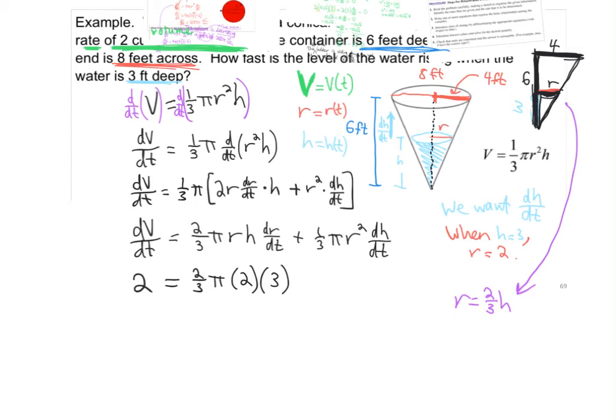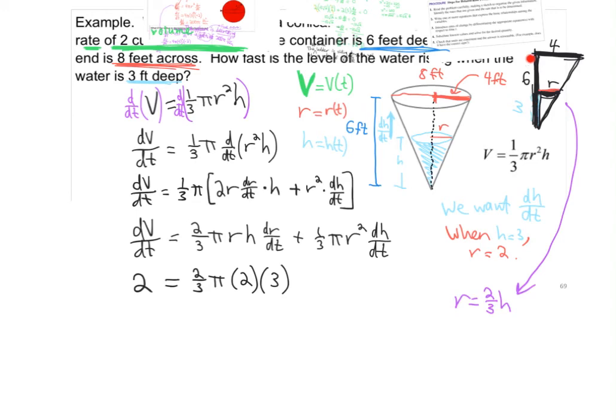And the reason this makes sense is when h is 3, r is 2. So if I take 3 and multiply it by 2/3, I get 2. And this happens throughout the whole triangle here.